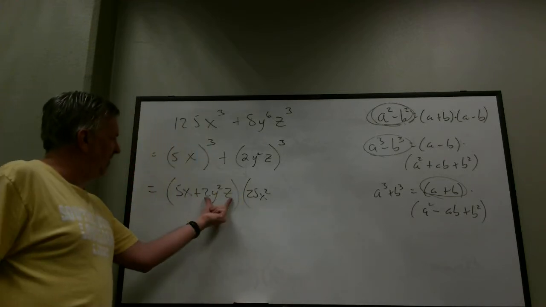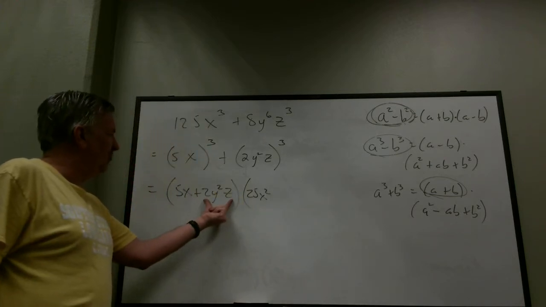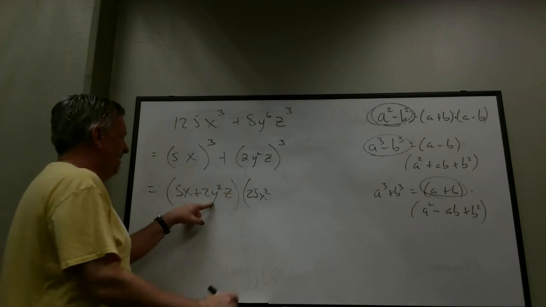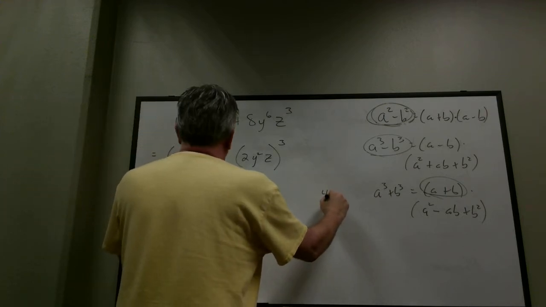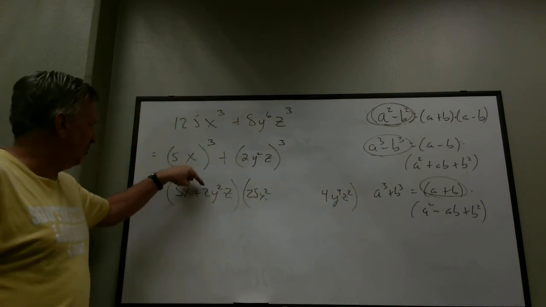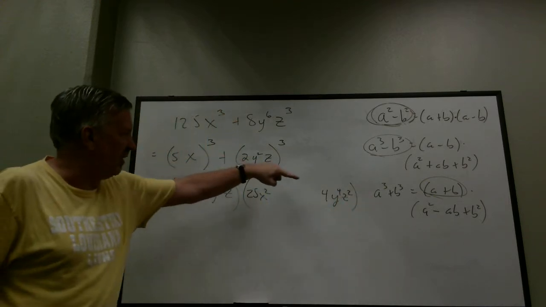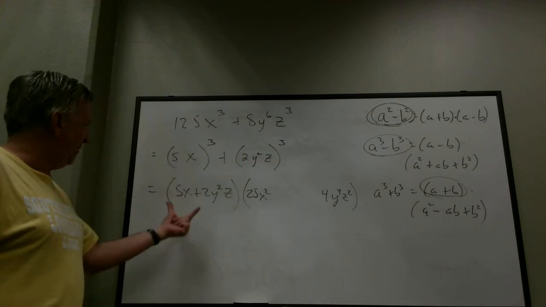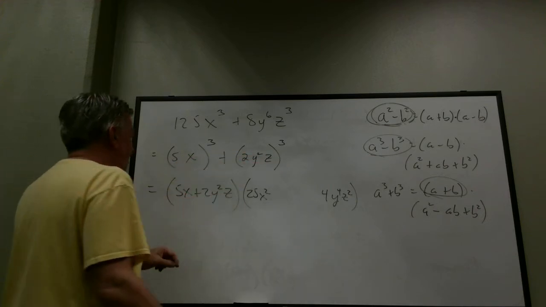And then when you square this last one, 2y squared z times 2y squared z is 4 y to the 4th z squared. Right, 2 squared is 4. Y squared squared is y to the 4th, z squared. And then you multiply these together for the term in the middle.